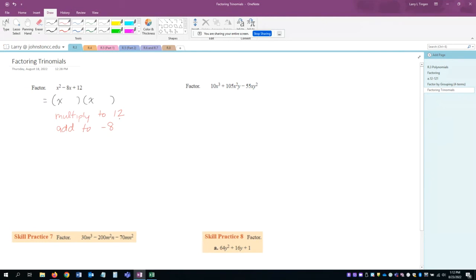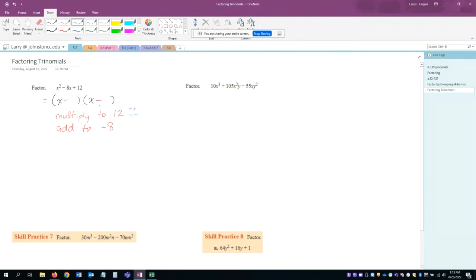Plus plus, plus minus, or minus minus. Multiplying to a positive, adding to a negative. Everybody follow that idea? If I multiply to a positive and add to a negative, I know that I can only do this if I have two positives or two negatives. If I've got two negatives and I add them together, I get a negative. If I have two positives and add them together, I get a positive. So this must be minus minus.